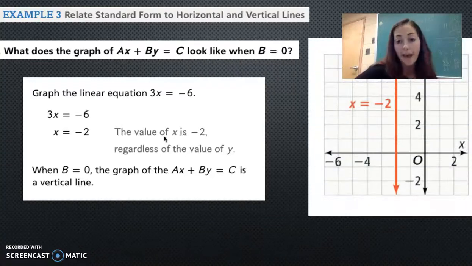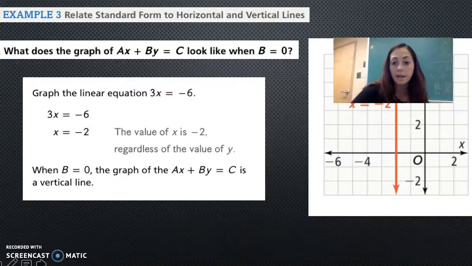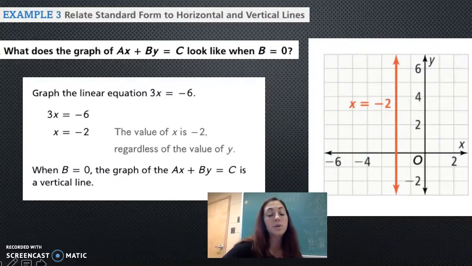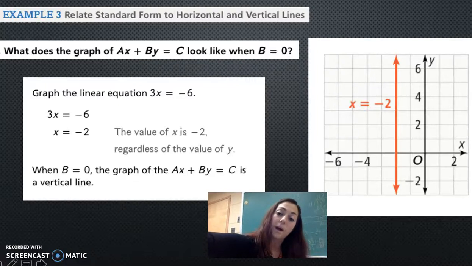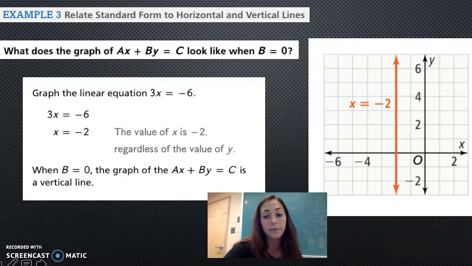So if you draw that line, let me move me. I go all over the place, huh? Then x equals negative 2 is a vertical line because the value of x on this line, if you're going up and down this line, has to be negative 2. So any value of y, whatever it is, it's still negative 2 for x. So that's a vertical line.